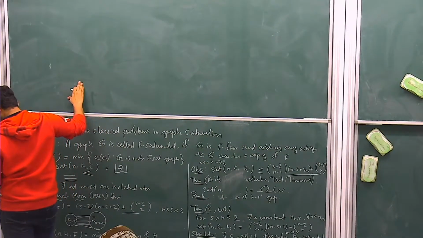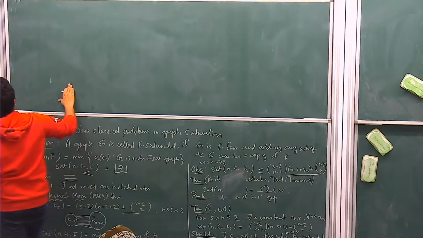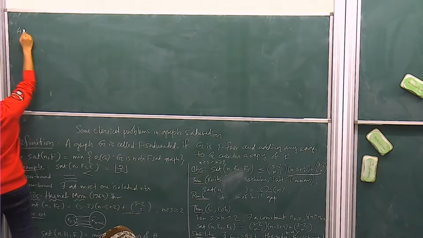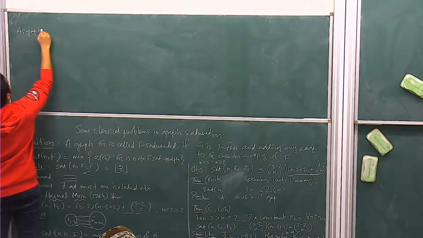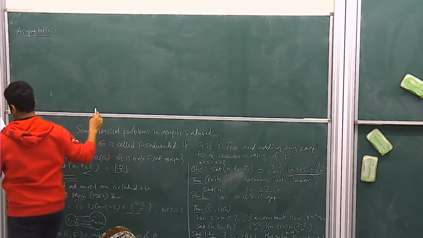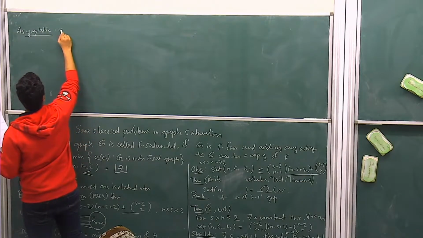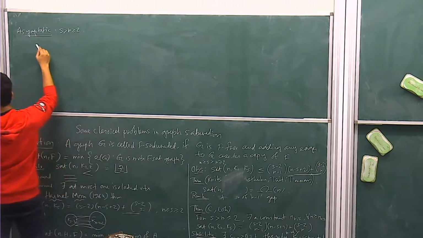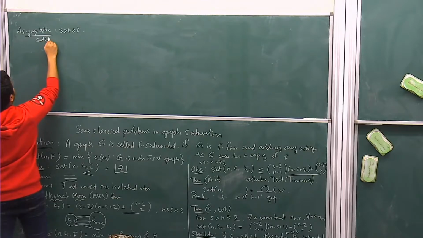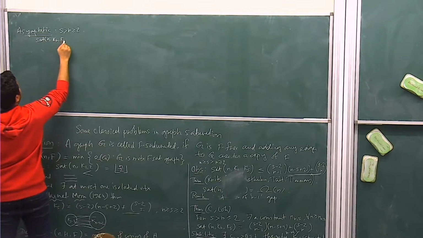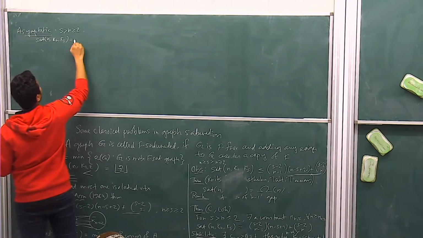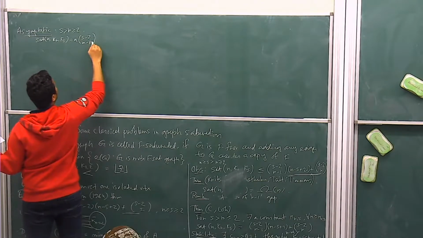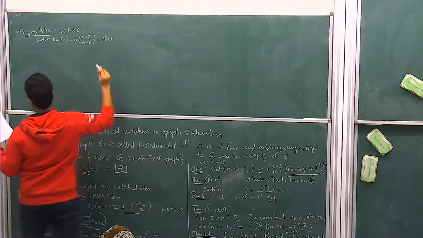Okay, so in this talk, I will give a proof of the following asymptotic version. For s greater than r greater than or equal to 2, we have sat(n, K_r, K_s) equals n times (s minus 2 choose r minus 1) minus o(n).